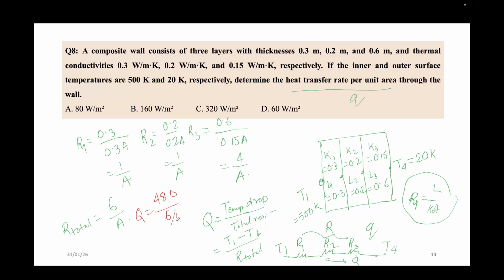In place of R total you can write 6 by A. So what will we get? 480 by 6, that is 80A. So what is asked? Heat flux. What is heat flux?